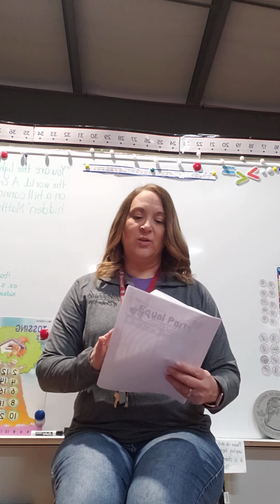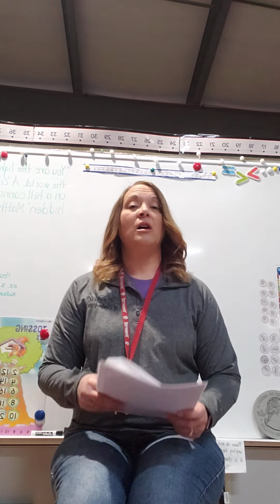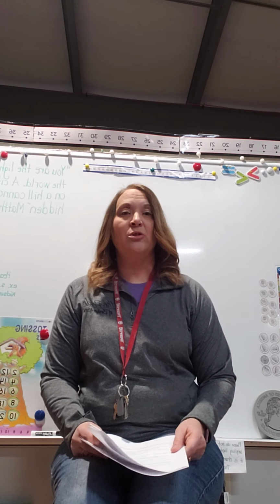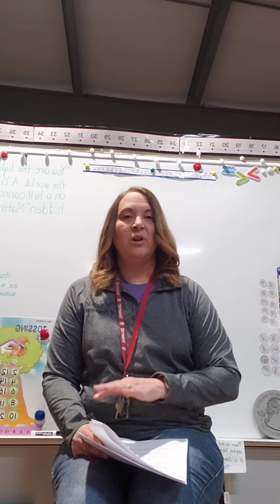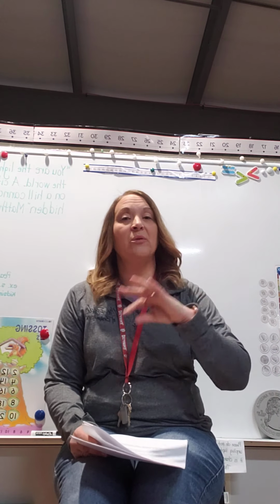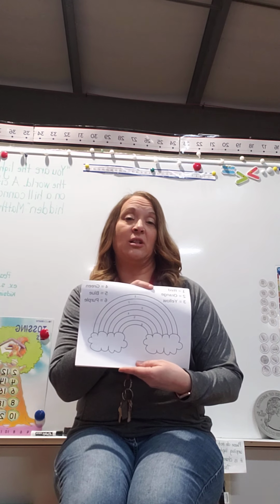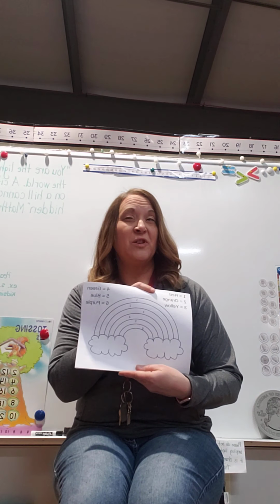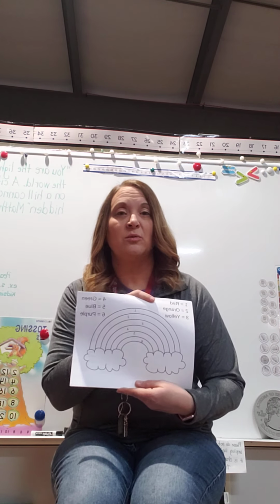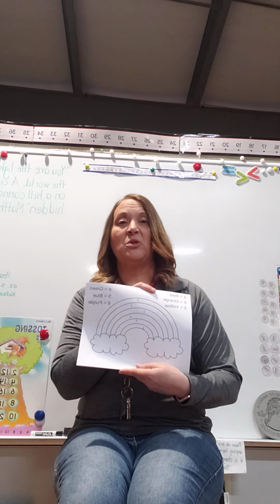And we are going to continue in our social science and art part of it on rainbows. So I hope that you watched a really good video to learn all about rainbows and why we see rainbows. So now you're going to color a rainbow. Most of you have told me many times what the colors of the rainbow are, and I'm so proud that you guys know what the colors of the rainbow are.